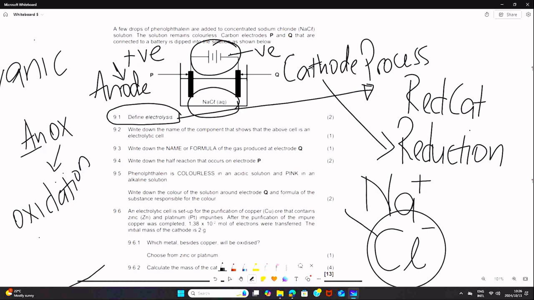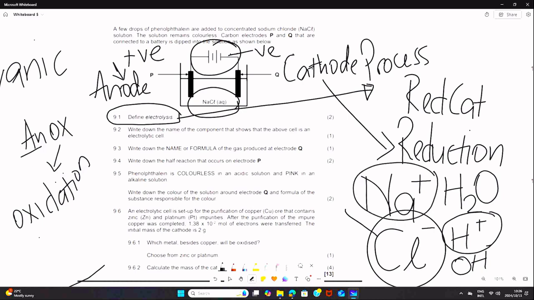Now we have got sodium ions because this is a solution. There is a competition with water there. And remember, water can auto-ionize itself and form hydrogen ions and hydroxide ions as well. However, the competition is really between the hydrogen ions and the sodium ions as to which one will actually take place here.